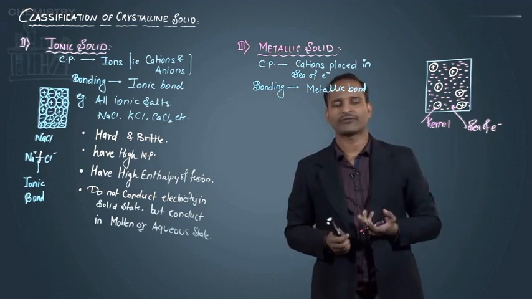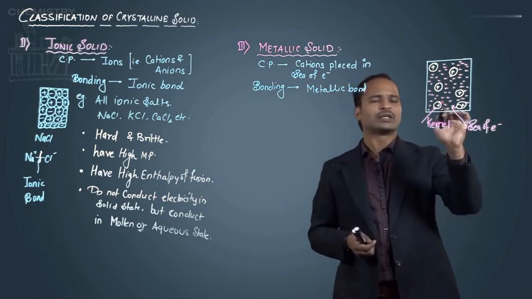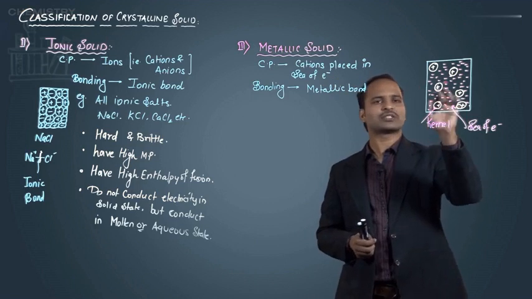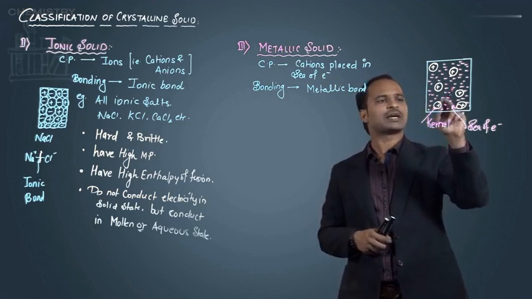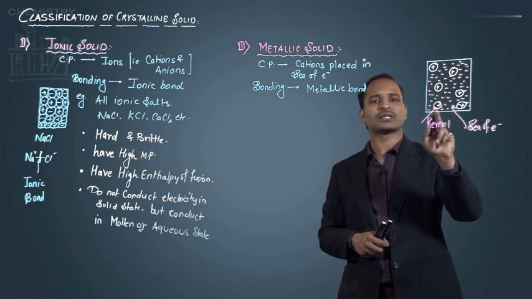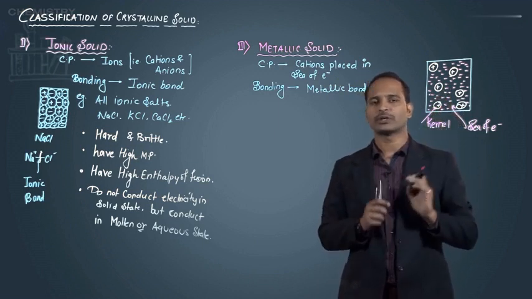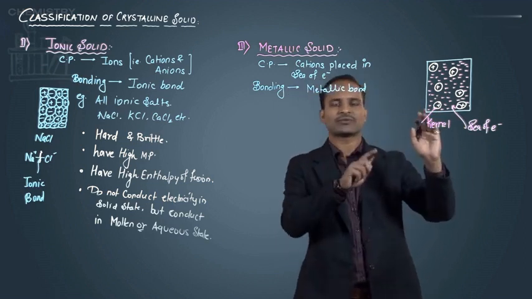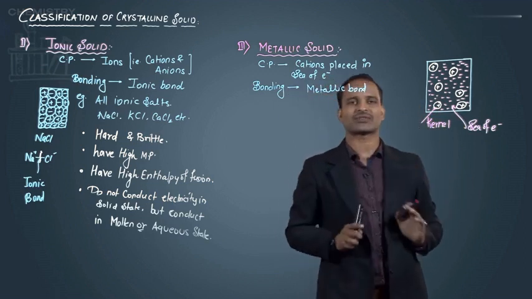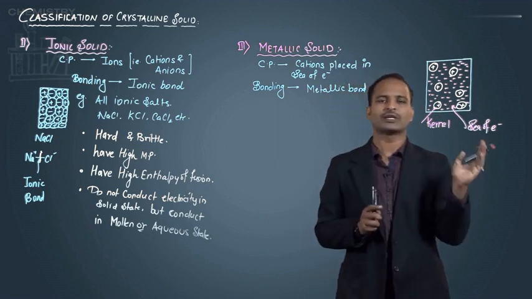Now, where do these electrons come from? These are the electrons present in the valence shell of the same metal ion, in the valence shell of copper. But these valence electrons are free to move; they are not restricted to one position, they can move here and there.